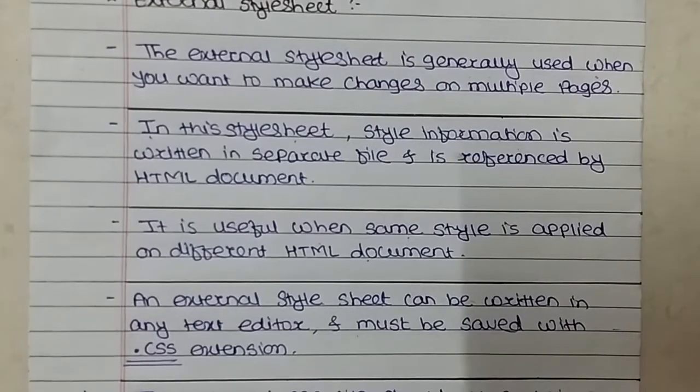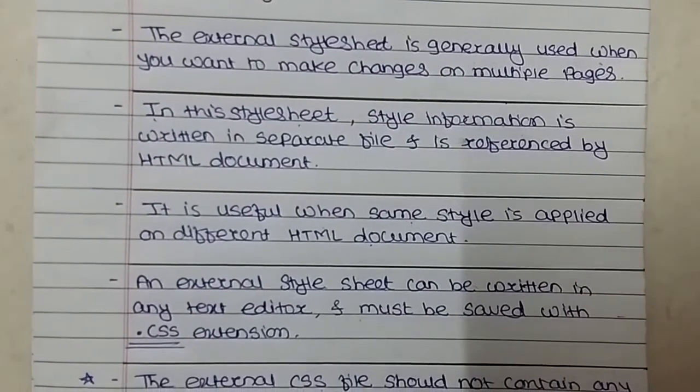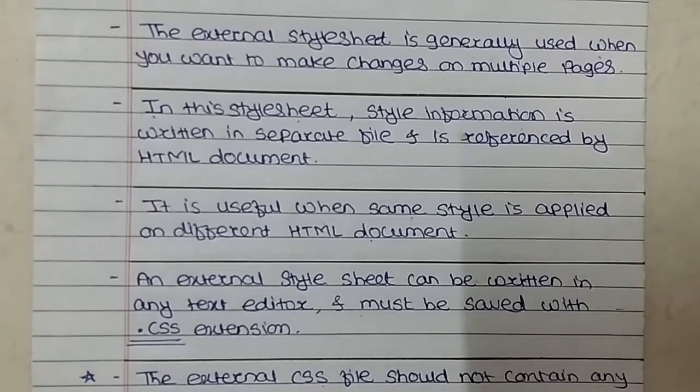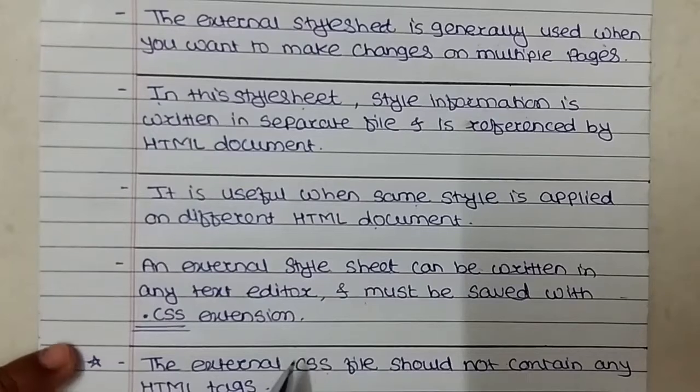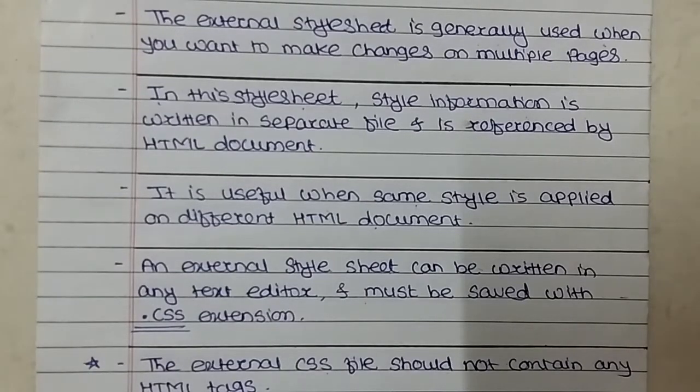Next, it is useful when the same styling information is applied on different HTML documents. An external style sheet is written in any text editor, but you save this file with the extension .css.